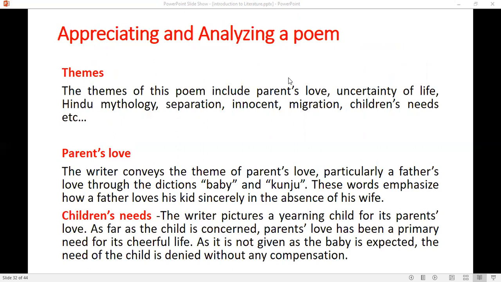The themes of this poem include parents' love, uncertainty of life, Hindu mythology, separation, innocence, migration, children's needs, etc. If you are not aware of the meaning of the term themes, you will learn the meaning of this term in my presentation later.